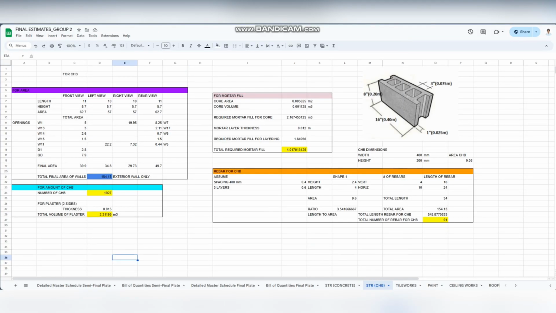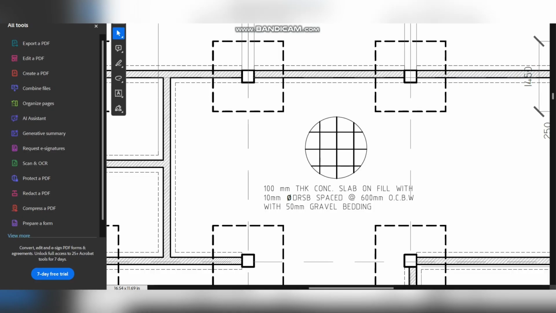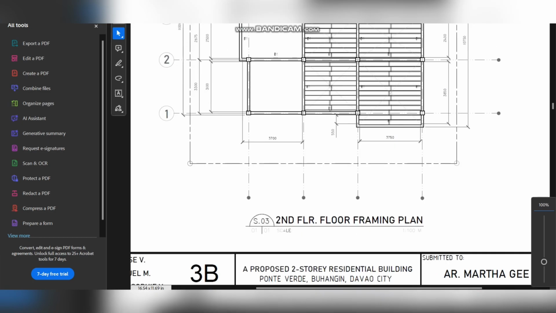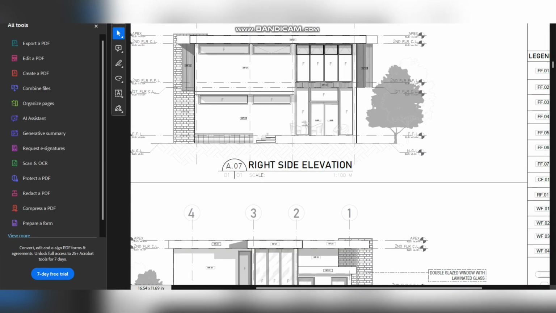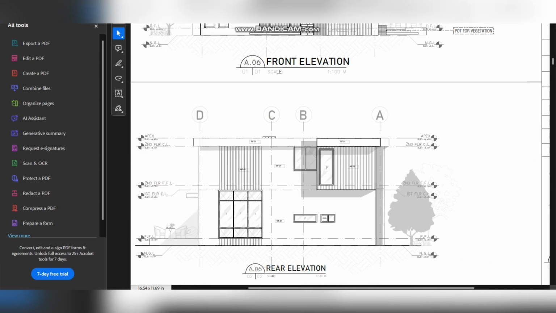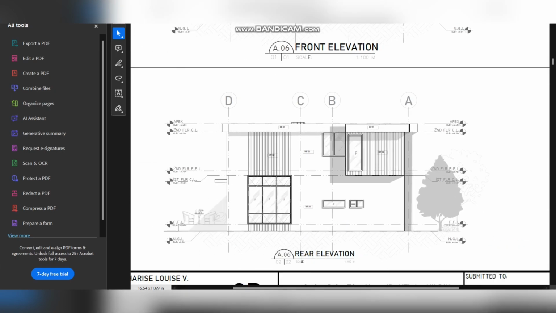Okay, moving on. For my part, I calculated the CHB. So here we have the calculations for the area. I based this on the front view, left view, right view, and rear view, which are basically the elevations presented in the plate here. To get the area, I used the area method.